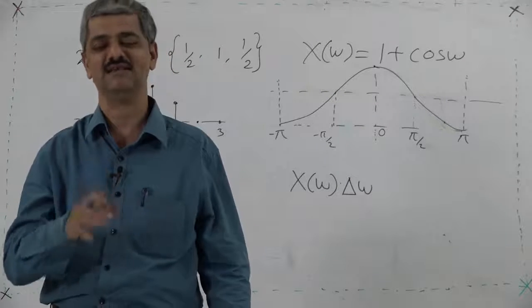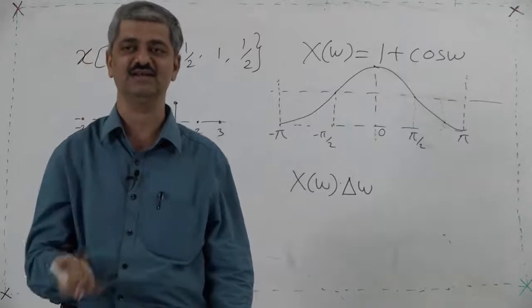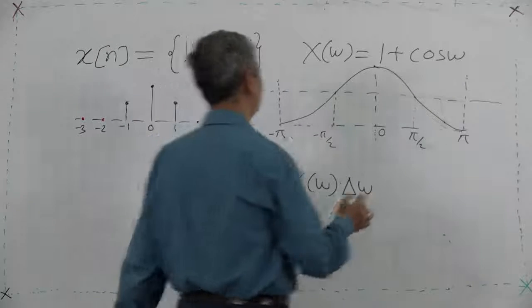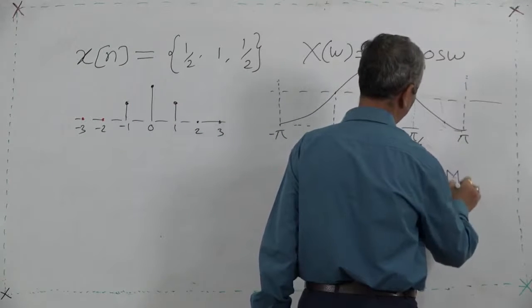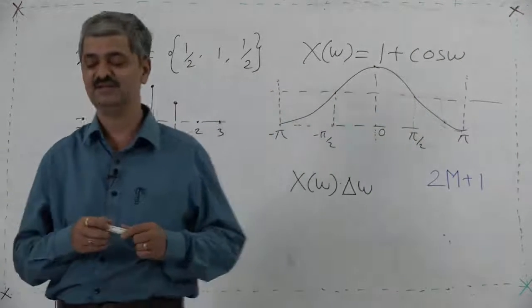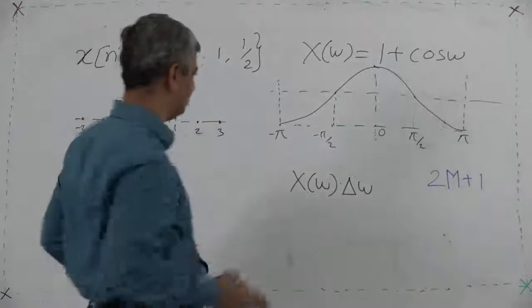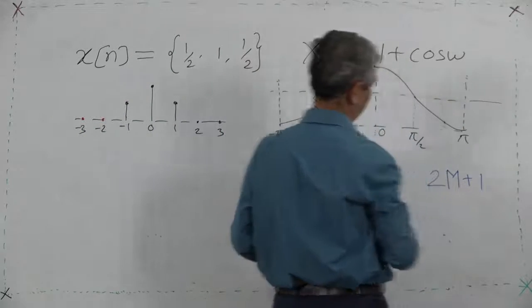How many? Substantially large. Listen very carefully, substantially large. Let us say we keep 2M plus 1 strips. I divide the horizontal axis, the omega axis, into 2M plus 1 strips.